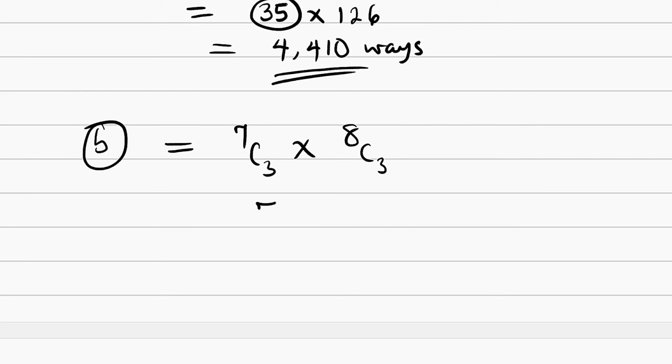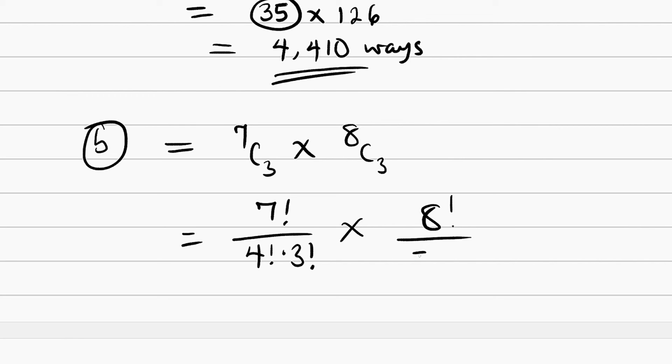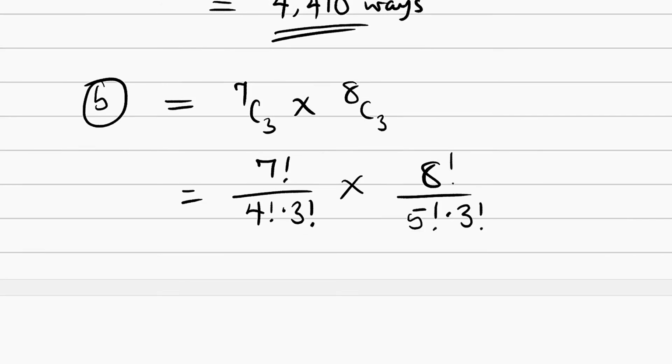This is equal to 7 factorial divided by 7 minus 3, which is 4 factorial multiplied by 3 factorial, multiplied by 8 factorial divided by 8 minus 3 is 5 factorial, then multiplied by 3 factorial.